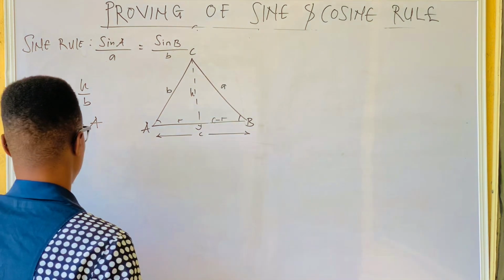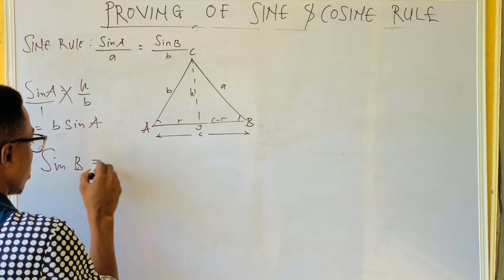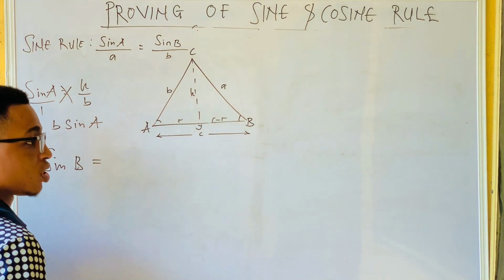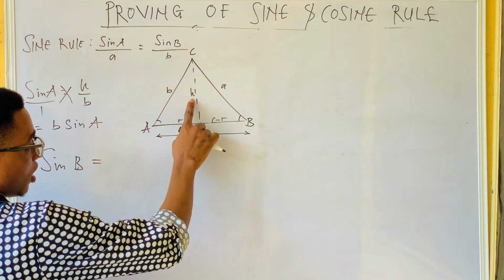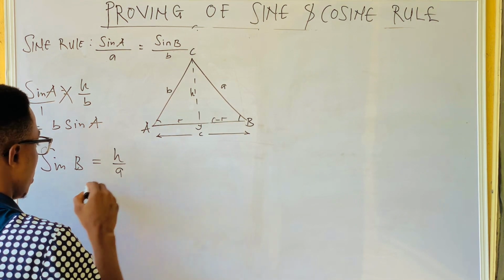For us to consider sine B, we need to look at the other side of the triangle, where we have sine B is equal to opposite over hypotenuse. Here is the opposite and here is the hypotenuse, h over a.